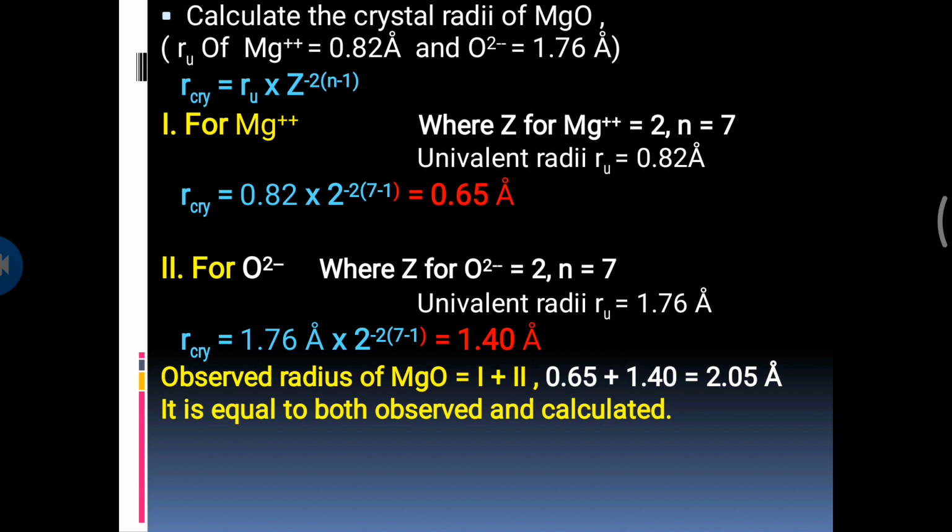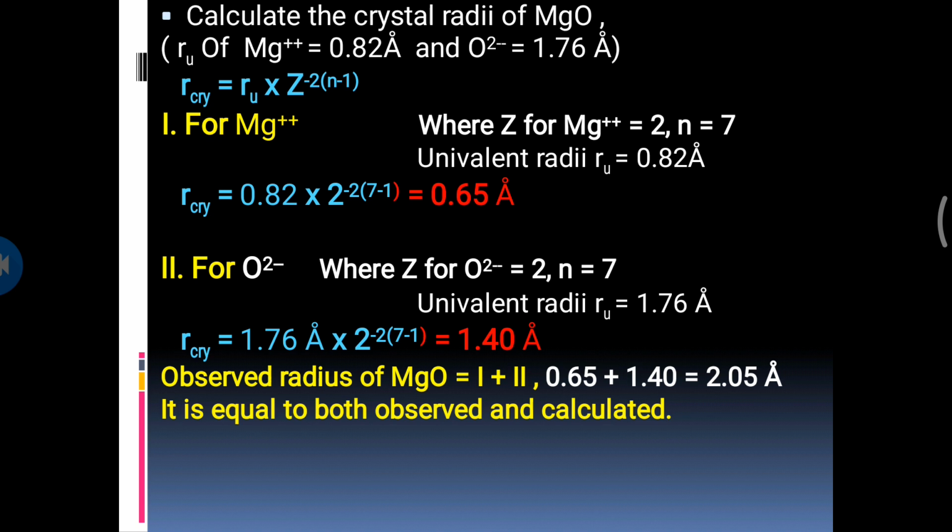This equals 1.40 angstrom. So the observed radius of magnesium oxide is equal to the first and second values added: 0.65 plus 1.40 is equal to 2.05 angstrom, and this 2.05 angstrom crystal radii is equal to the calculated radii.